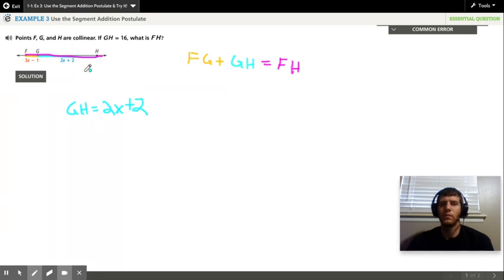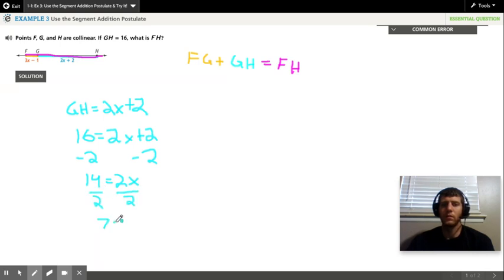So we know that since GH is 16, 16 is going to be equal to 2x plus 2. Then we just solve our linear equation here. We can subtract 2 from both sides, so we get 14 equals 2x. We divide both sides by 2, so we get 7 equals x.